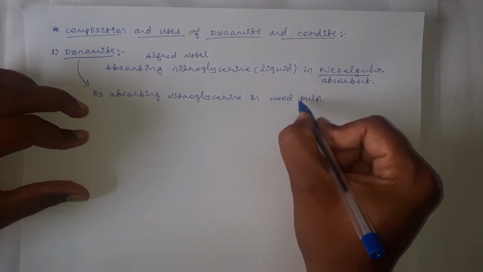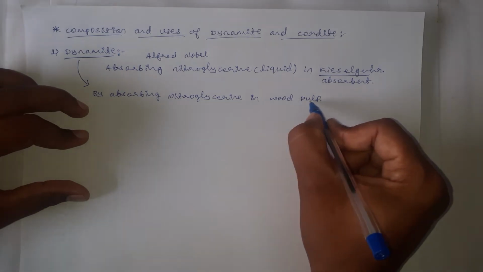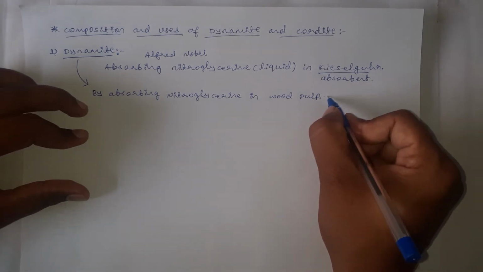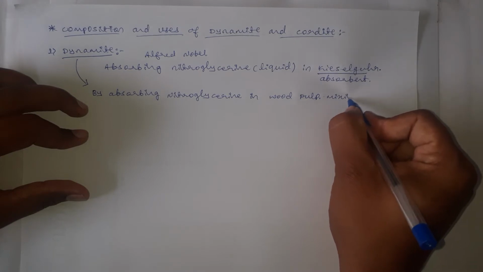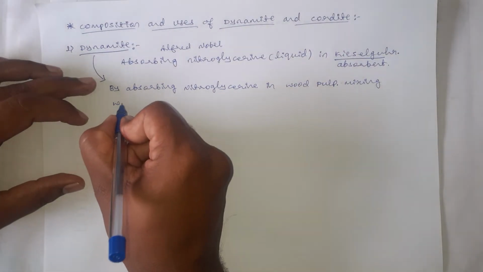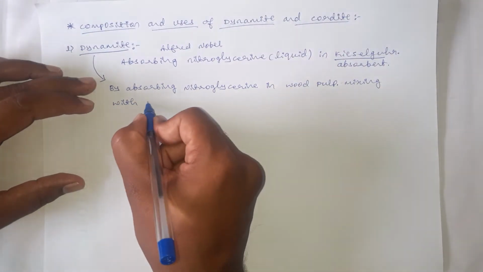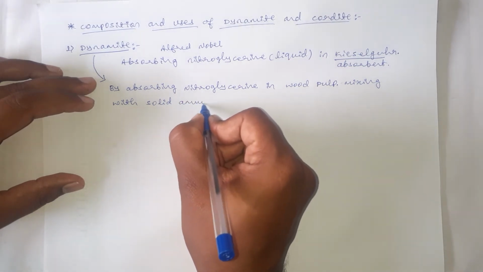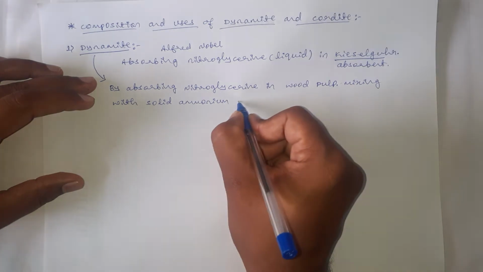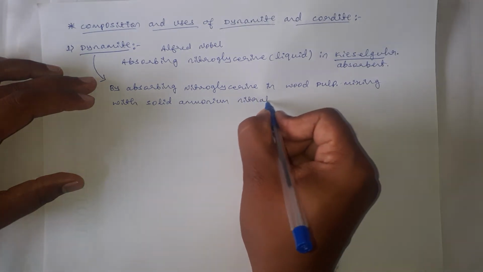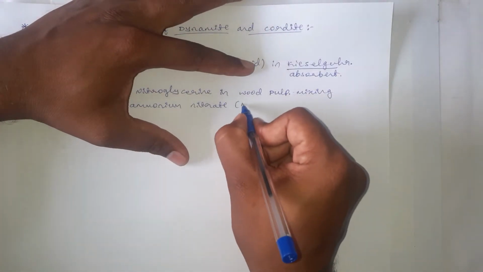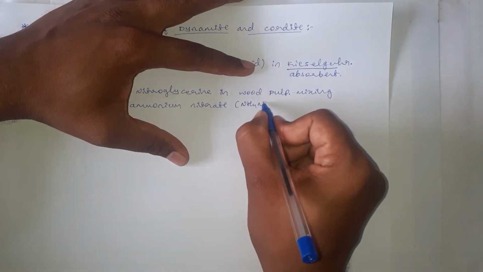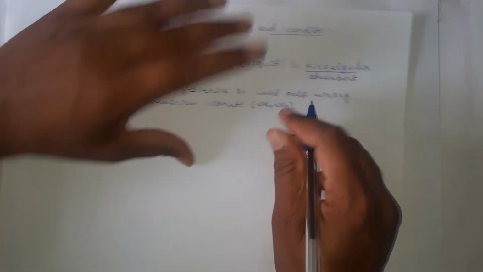Wood pulp means what? Crushed pieces of wood, and then mixing with solid ammonium nitrate, that is NH4NO3.